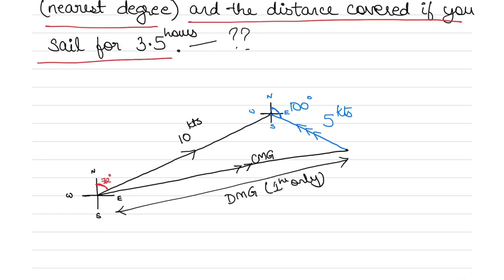Now, because this angle here is 72 degrees that you can see, this angle here and this angle here are called complementary angles. It's like a parallelogram if you think about it. If I draw it like a parallelogram with these red dotted lines, it becomes like a rectangle and parallelogram, right?